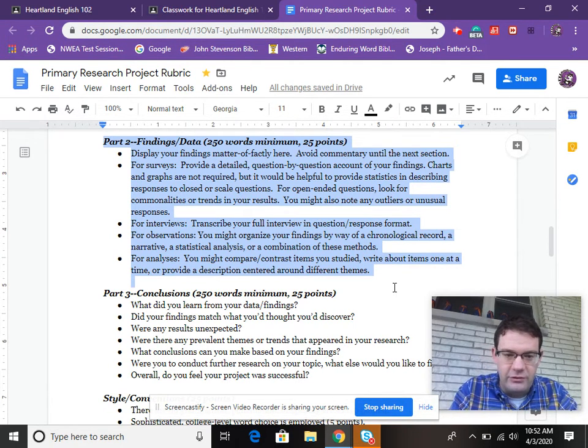There are quite a few folks doing analyses, and for an analysis, you're trying to stick to the facts, but think in terms of how often you notice something. Or it says here you might compare and contrast items that you studied.